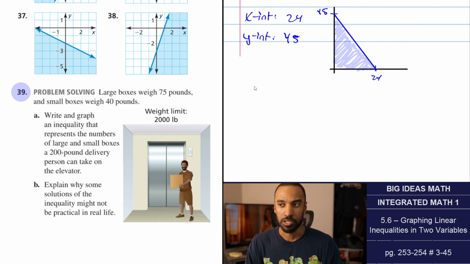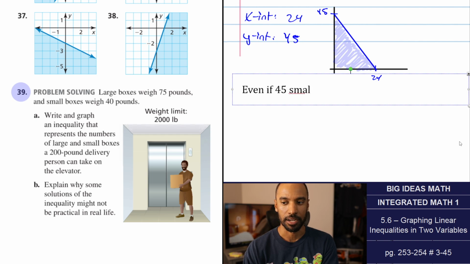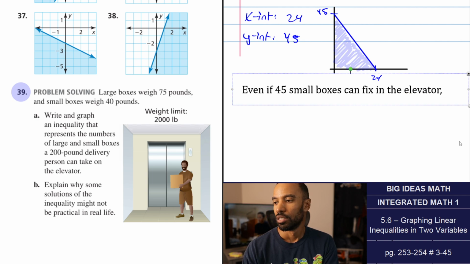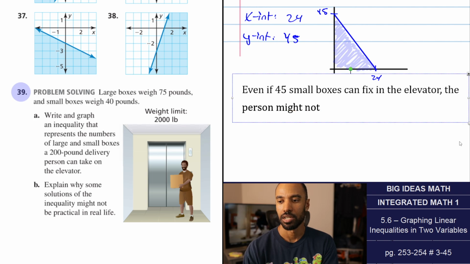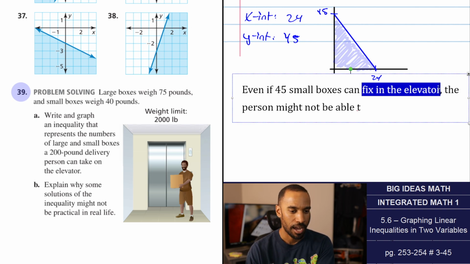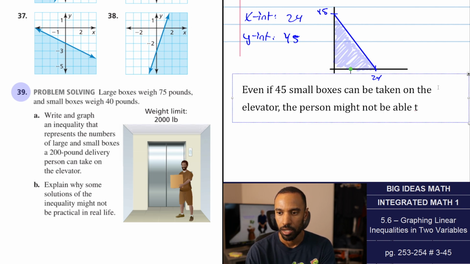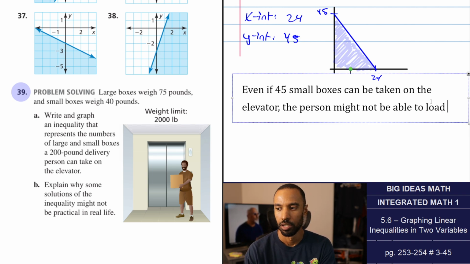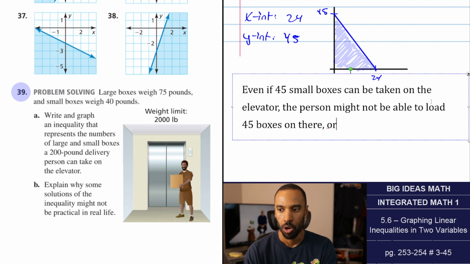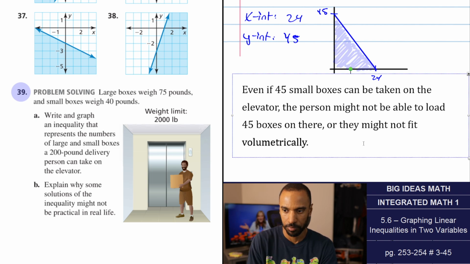Explain why some solutions of the inequality might not be practical in real life. You might not be able to fit that many boxes in the elevator, is probably my guess. I don't know specifically what they want to state here, but even if, say, 45 small boxes can fit in the elevator, the person might not be able to load 45 boxes on there, or they might not fit volumetrically, like in terms of space, right?